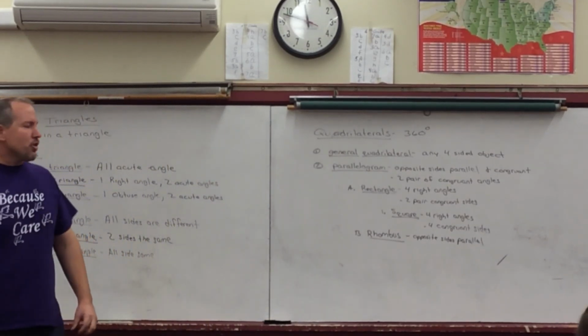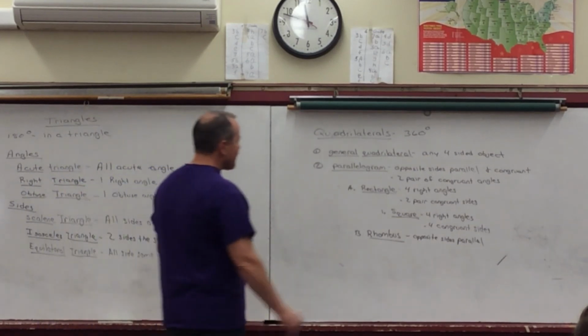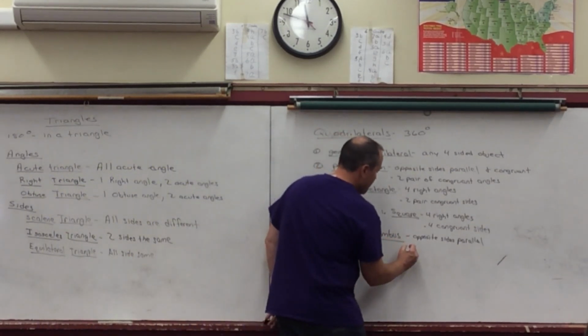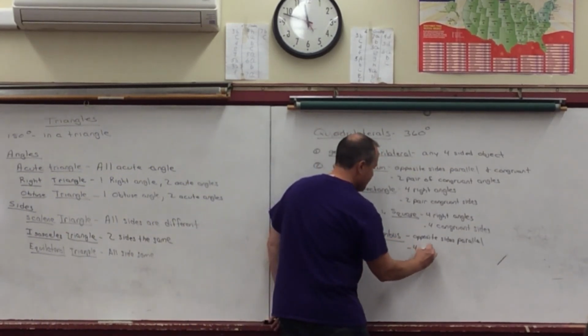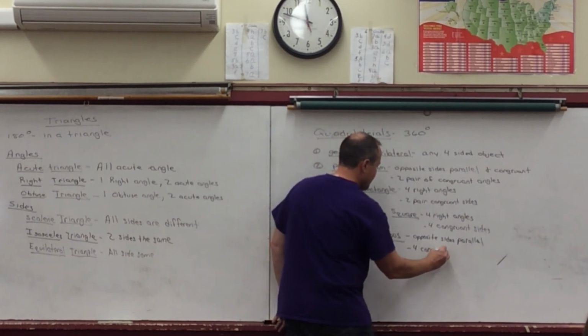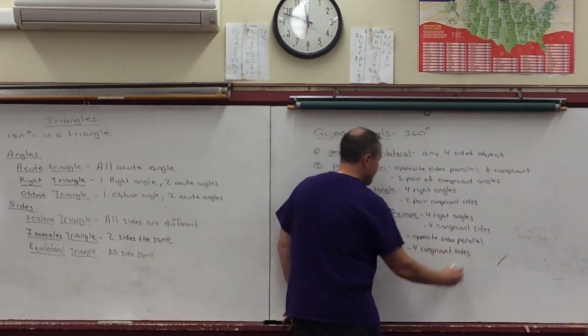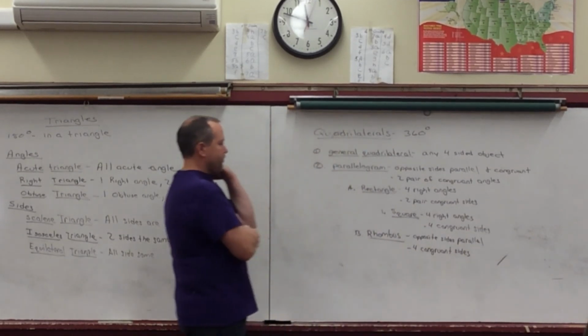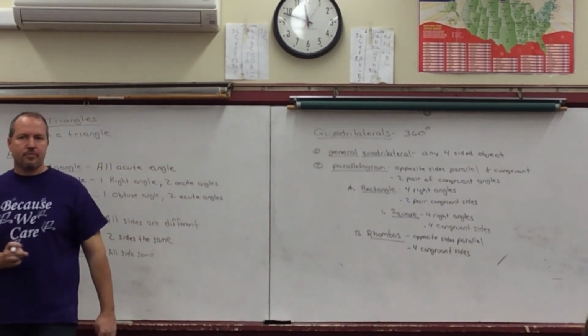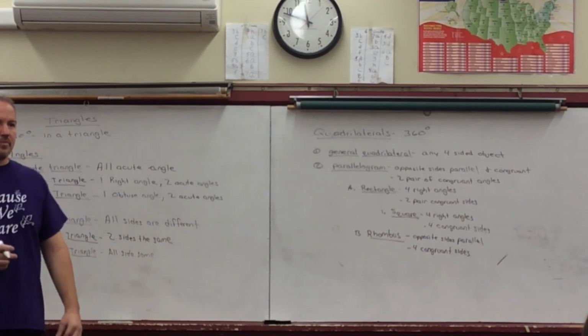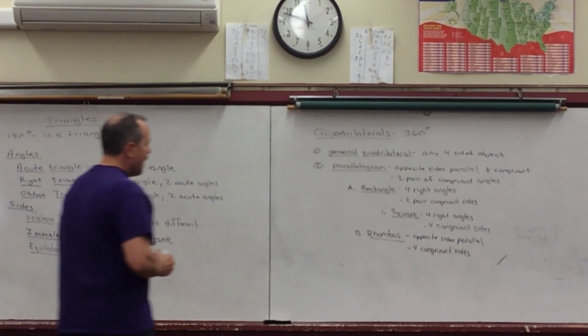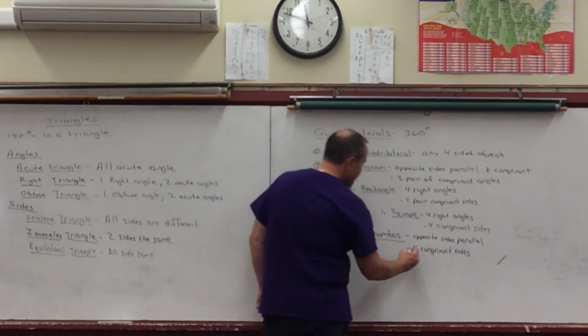It is a special kind of parallelogram because it has 4 congruent sides. And it also has 2 pair of congruent angles.